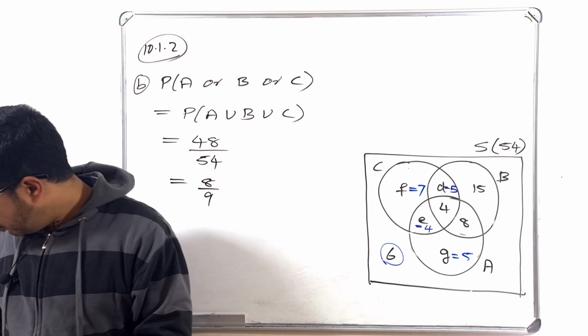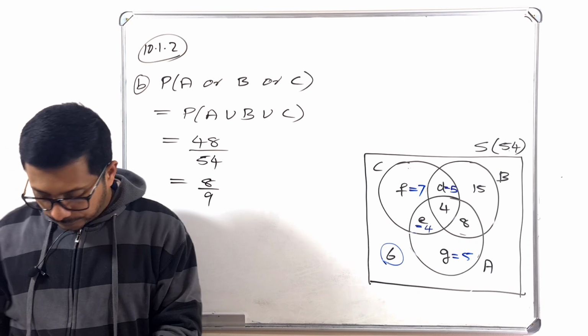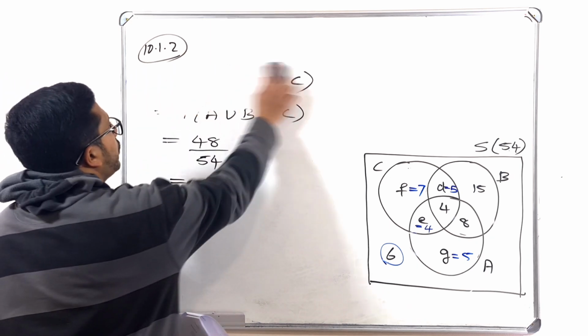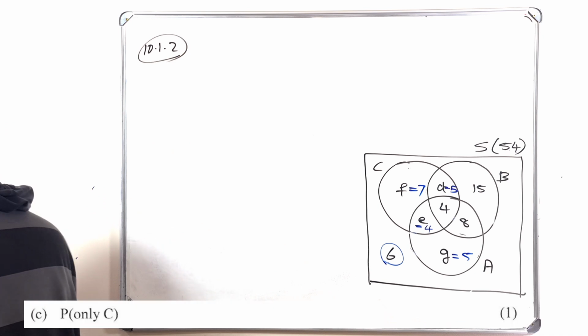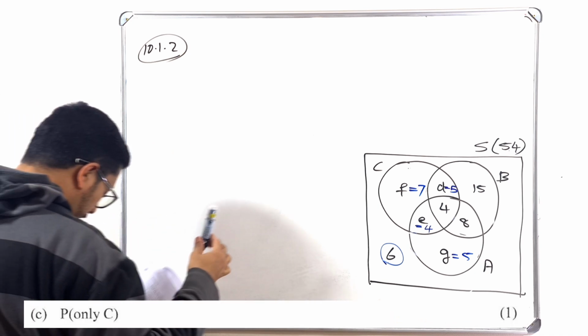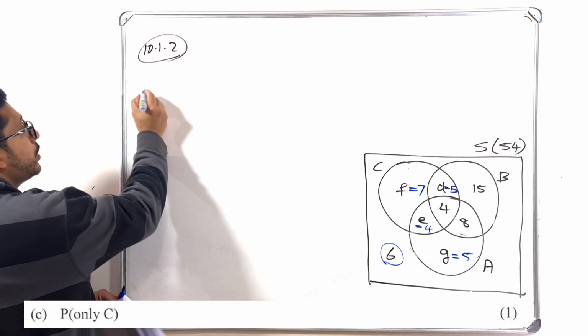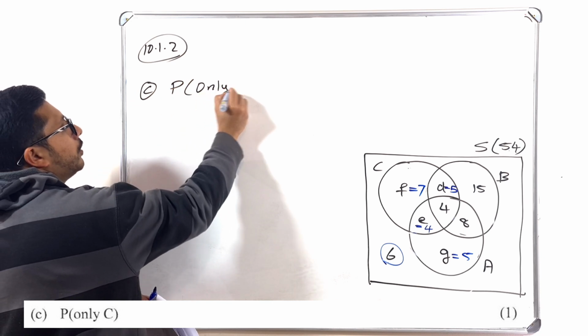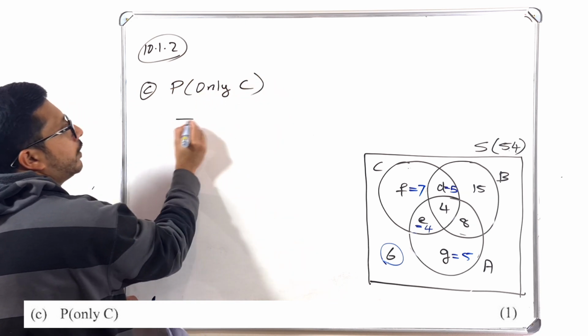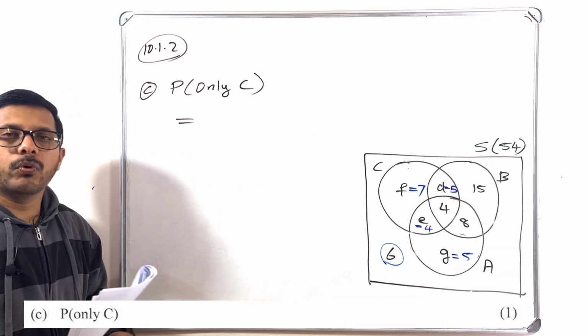Now let's go to question number C. What is question number C? Probability of only C. What is the probability of only C?